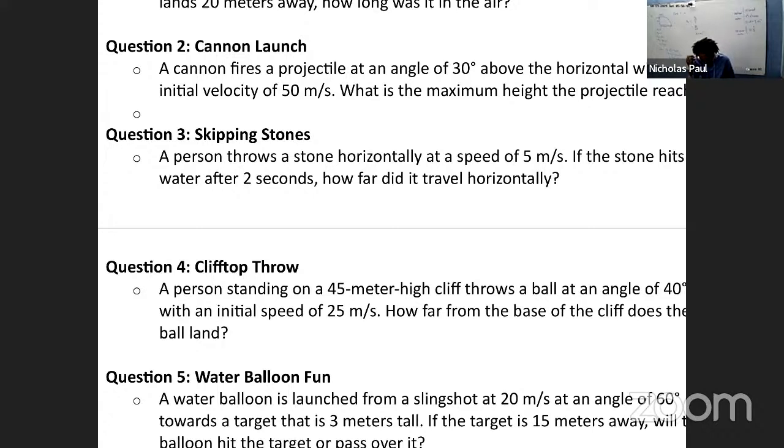Alright, find the initial vertical velocity. Find the parts. And then what is happening at maximum height?